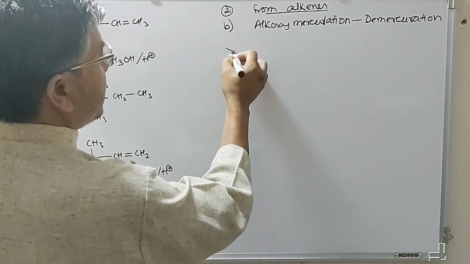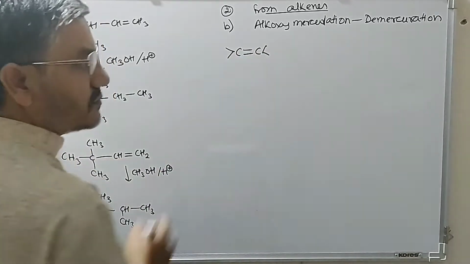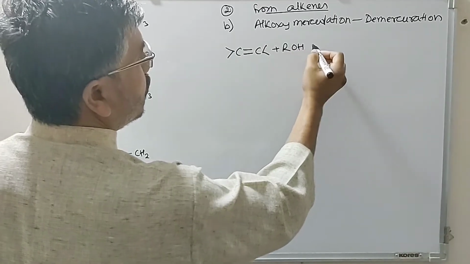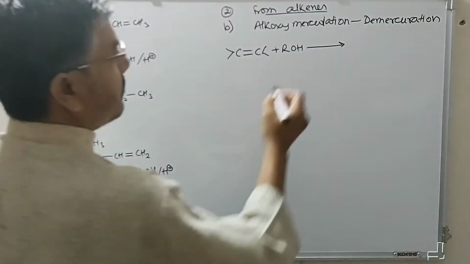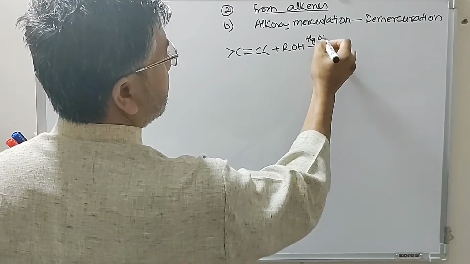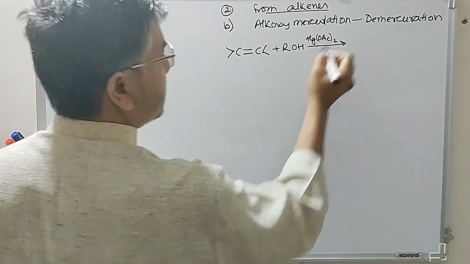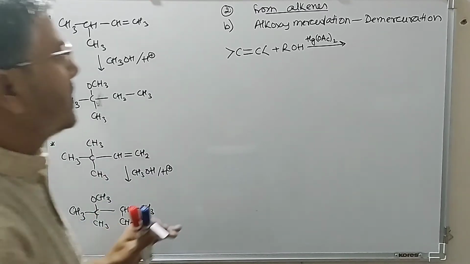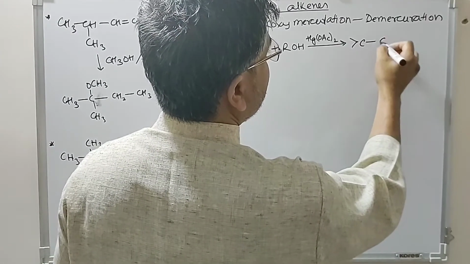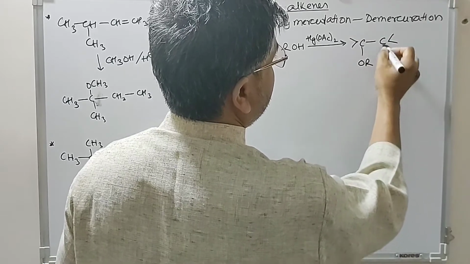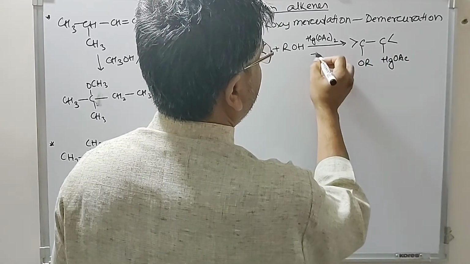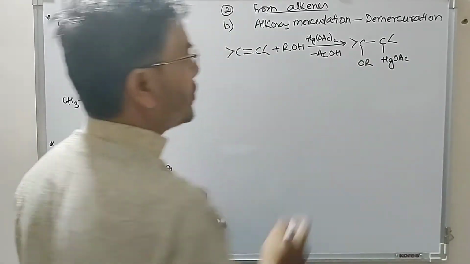So look at this. We started with alkene. Alkenes react with alcohol in presence of mercuric acetate. This is mercuric acetate. So in the reaction of alkenes with alcohol in presence of mercuric acetate, first the alkoxy group is added, and acetic acid is removed.